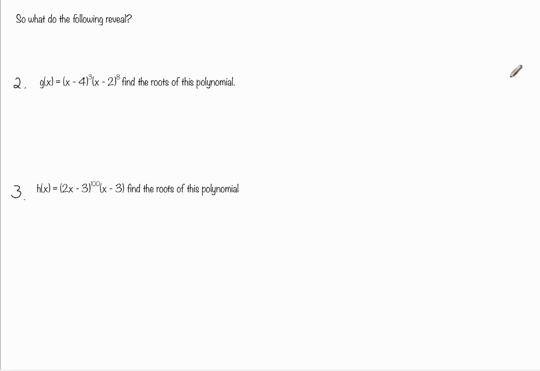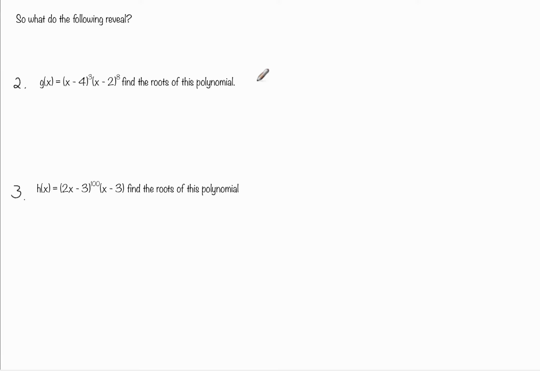So now, where do we put this all together? Well, right now, this is what we want you to do. If given a function, we want you to analyze it as quickly as possible. So, for example, this one for number 2 right here: (x minus 4) to the third, (x minus 2) to the eighth.